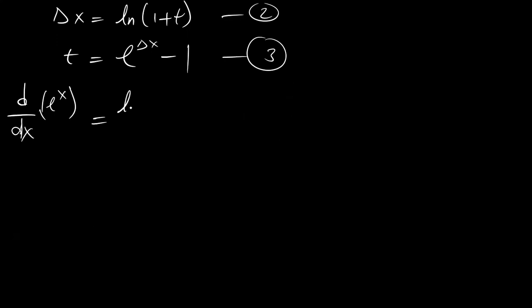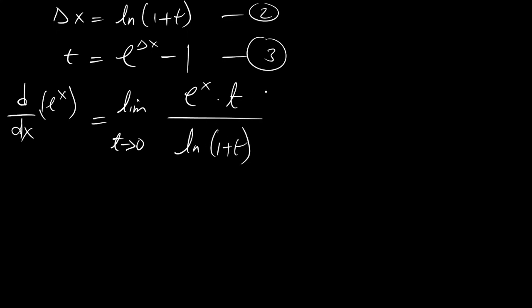So it's just the limit of t tending to 0 of e to the power x times t divided by ln(1 + t). Now, if you look at this expression, the limit is t tends to 0, so this one does not relate with this.